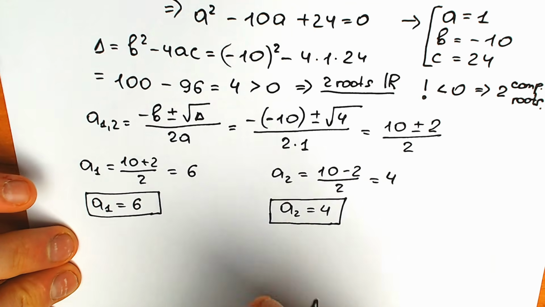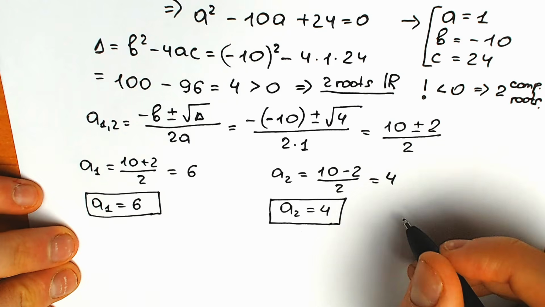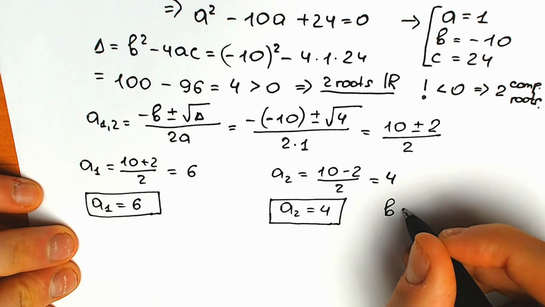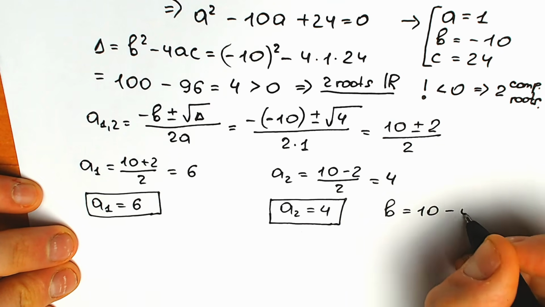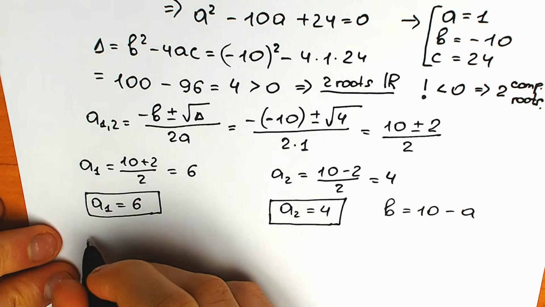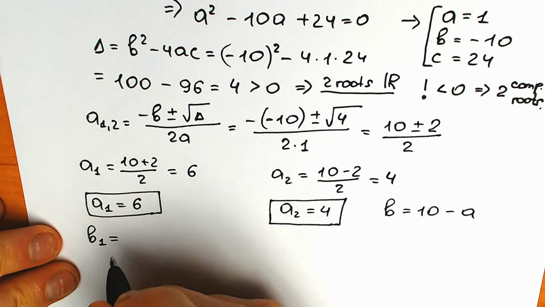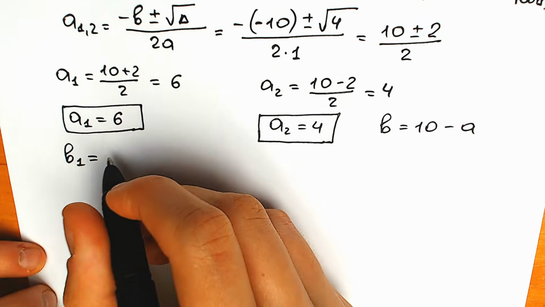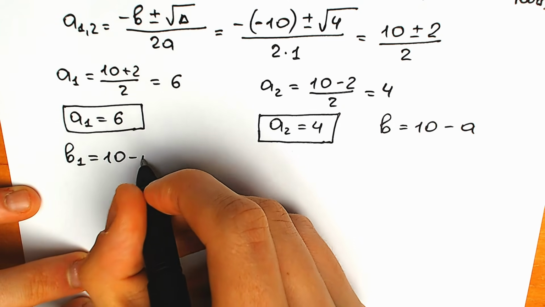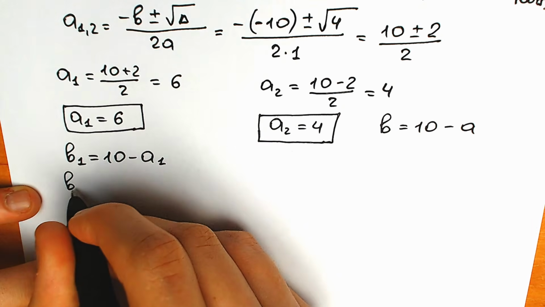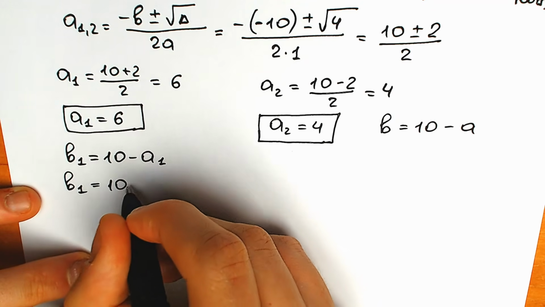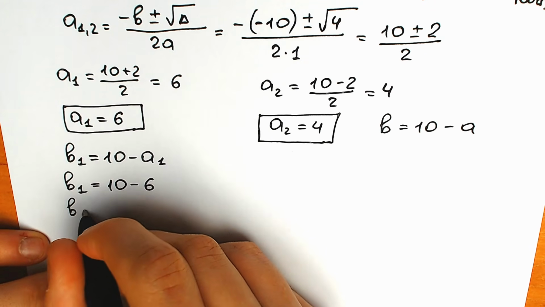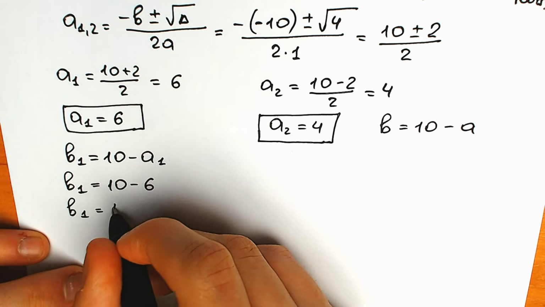We need to solve for b as well, because b equals 10 minus a. So b first equals 10 minus a first, which is 10 minus 6, so b first equals 4.